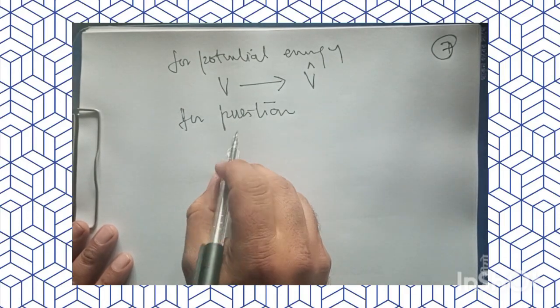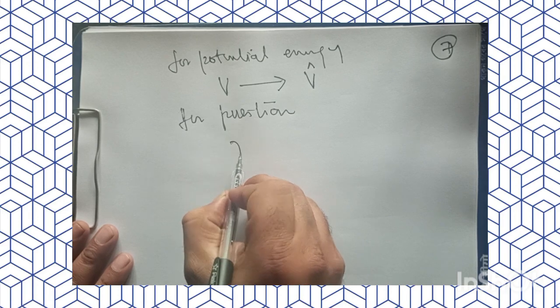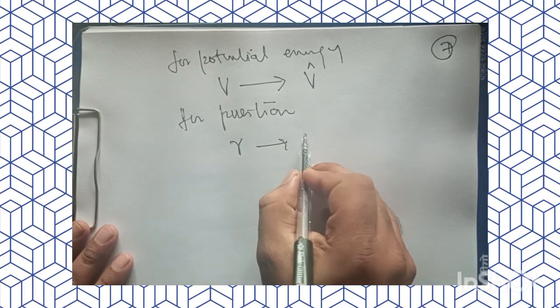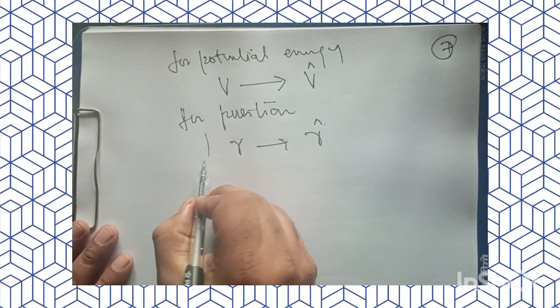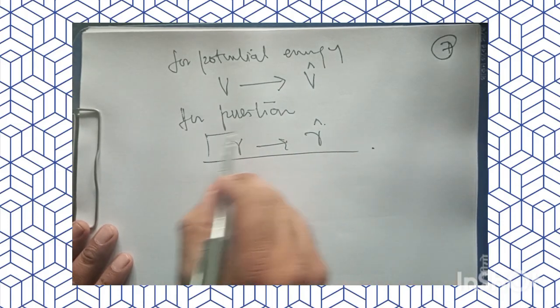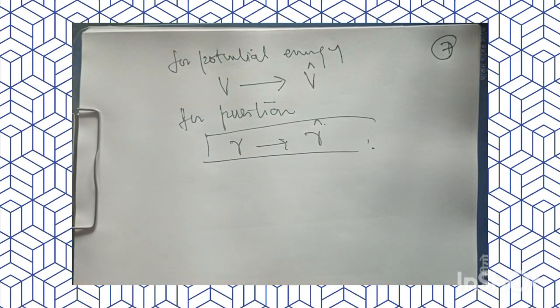Suppose I have R as a position, so its operator will be R cap. So accordingly, this is how the operators are developed, and these operators play a very key role in getting the information from the wave function.